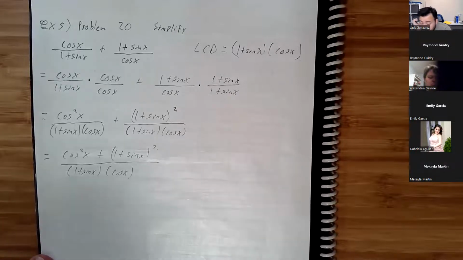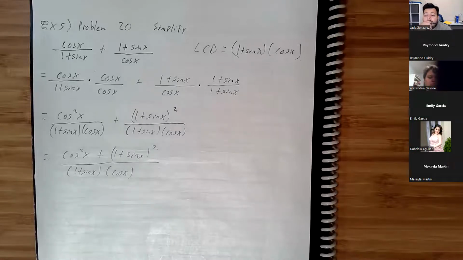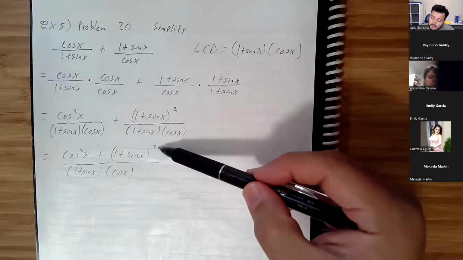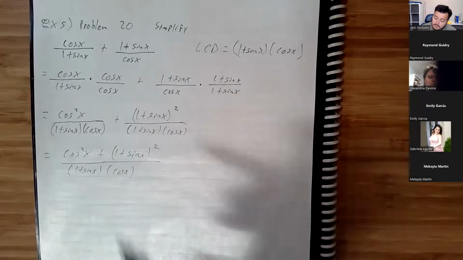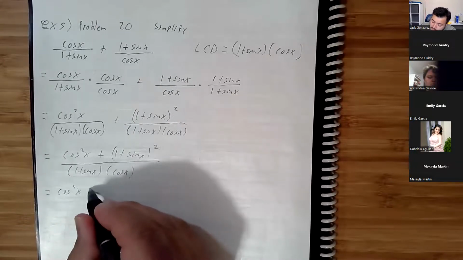At this point, I don't see any identity that I can use that's obvious. Nothing technically cancels right now, but I can probably square this piece here and see if that can help me. That's the first thing I'm thinking about, so let me do that first.